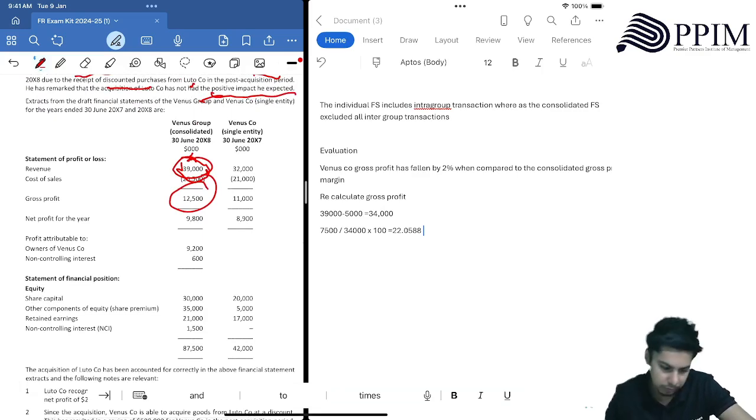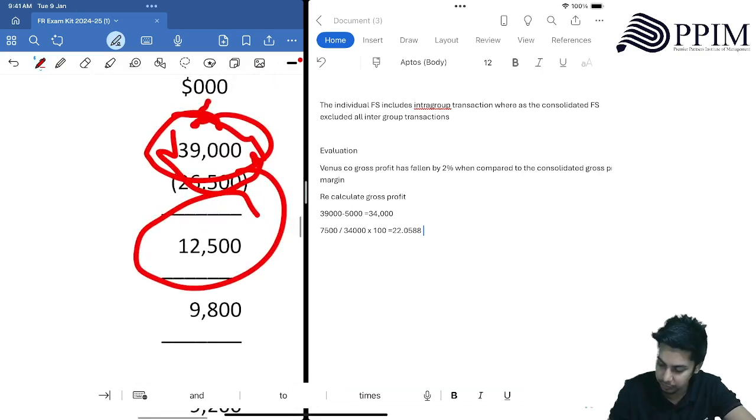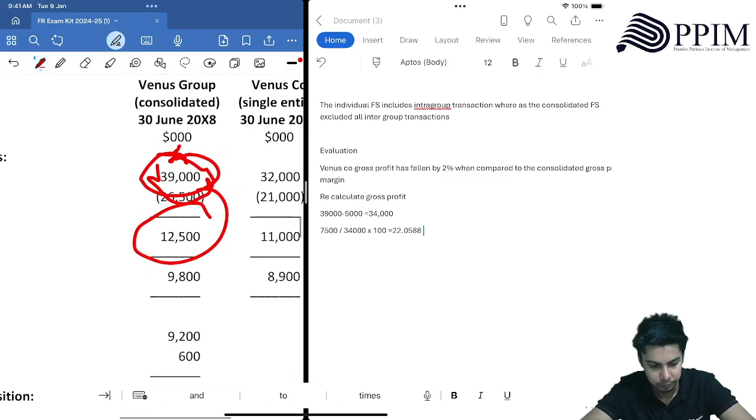Guys, wait, when it comes to gross profit, let me check and see, have I made a mistake over there? Okay. 39 million goes down by this. Cost of sale is 26,500. That goes down by 3. $39 million.